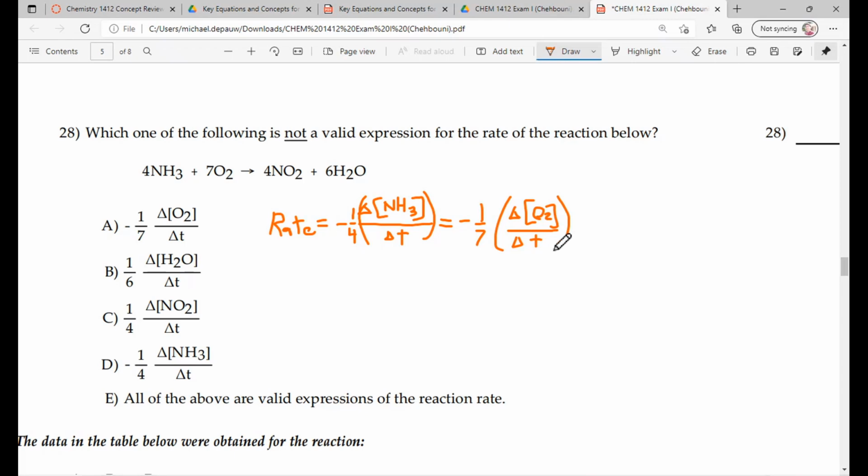Or I could have positive, for products. There's going to be more products later on than there are to start with, right? So for the products, I can say I have a positive 1/4 change in concentration of NO2 over change of time.